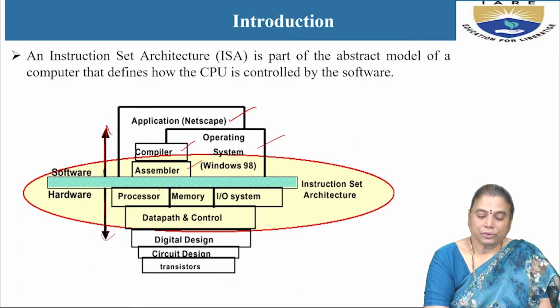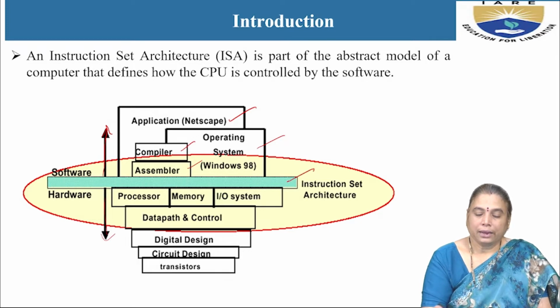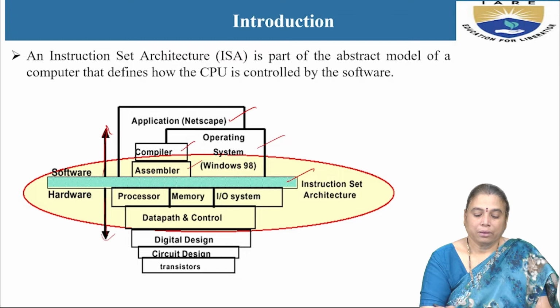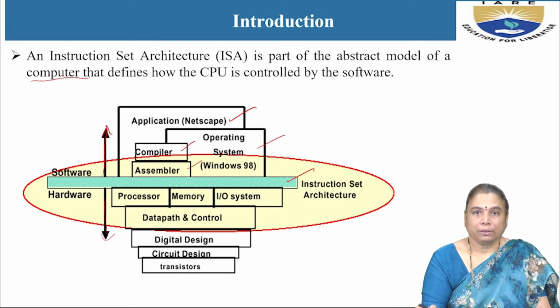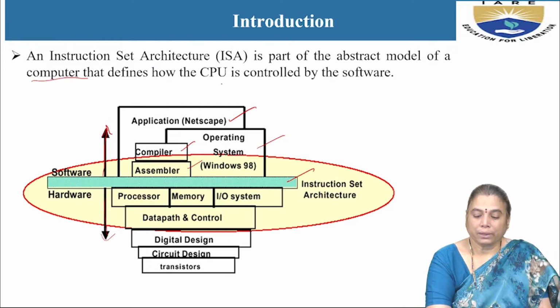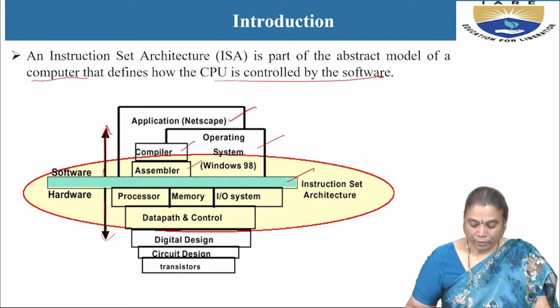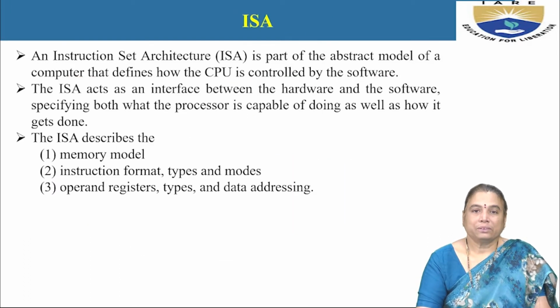So the instruction set architecture acts as an interface between the software and the hardware components of the computer. An instruction set architecture is part of the abstract model of the computer that defines how the CPU is controlled by the software.